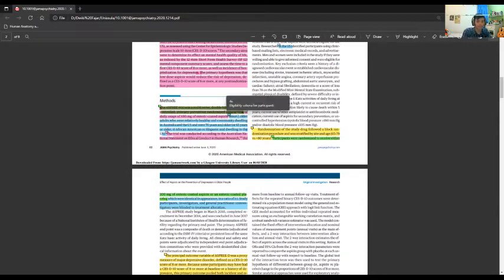So it's basically the eligibility, what participants they want to use here, the 4A.